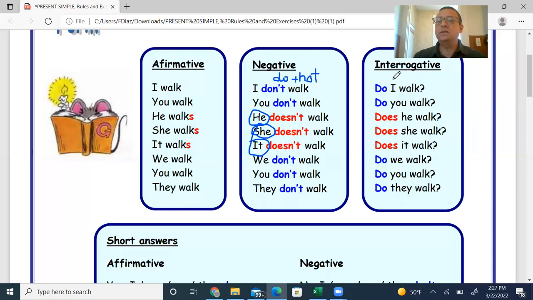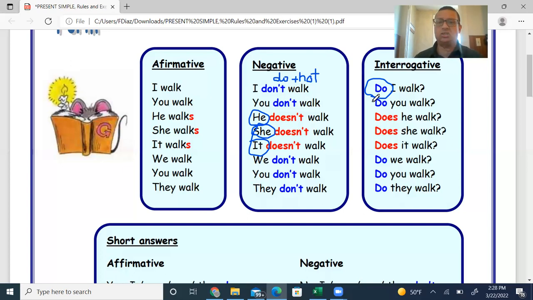And to make the interrogative, to make a question, you add the verb to do before the person. I walk, I don't walk. Do I walk? You walk, you don't walk. Do you walk? Again, there is no translation for this auxiliary verb.